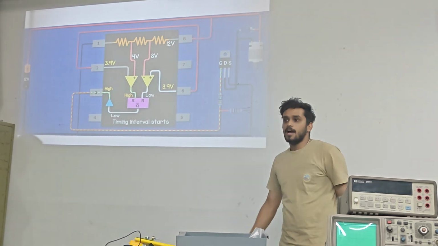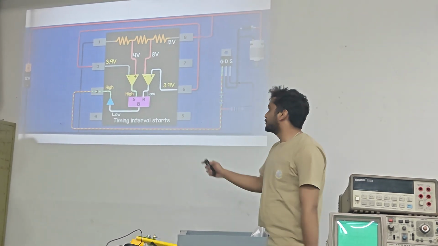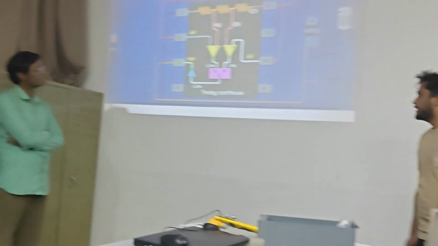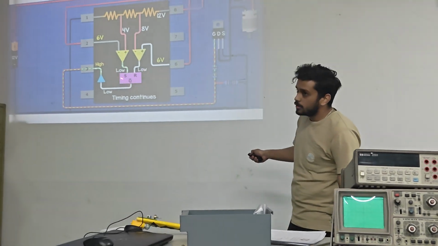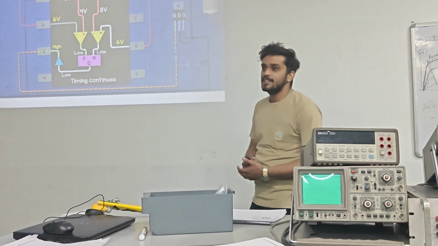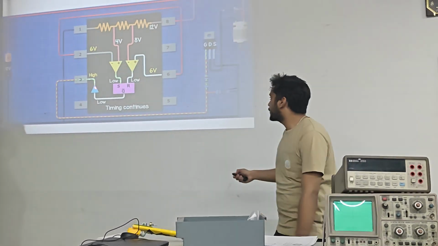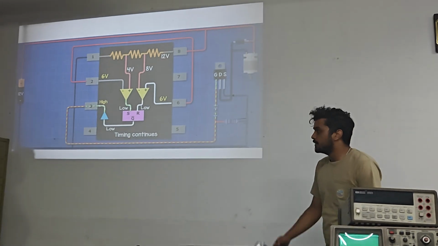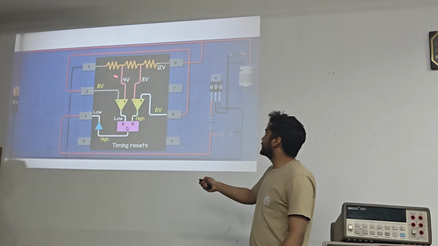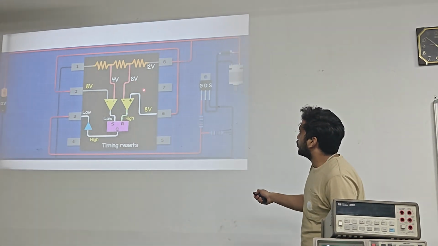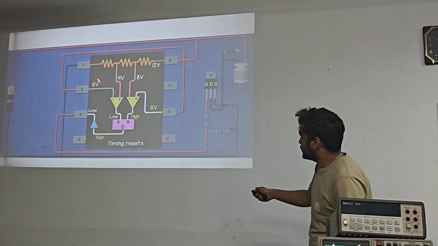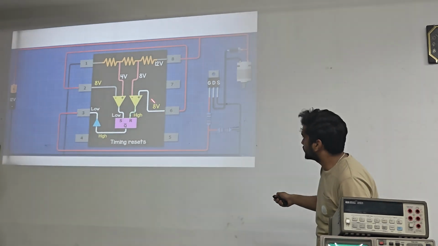Now I am increasing the voltage from 3.9 to 6 volts, let's say. When the voltage is 6 volts, the output of both comparators will be low, right? So the flip-flop will retain its previous state and the MOSFET still continues to be on. Now the voltage reaches 8 volts. In pin number 2 and pin number 6, we will give 8 volts.